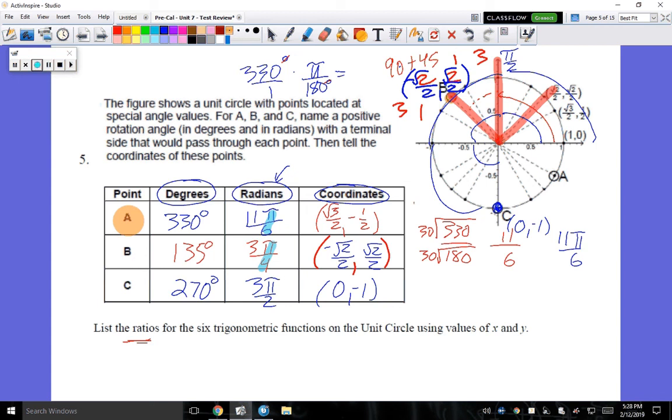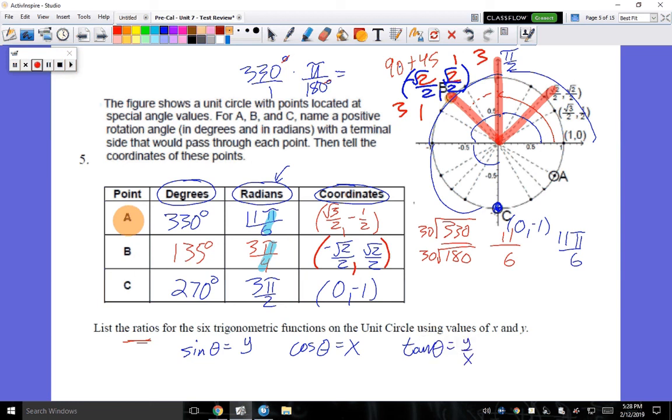Now, if I want to list the ratios for the 6 trigonometric functions on the unit circle using values of x and y, I would say that sine of theta is y. I would say that cosine of theta is x. I would say that tangent of theta is y over x.